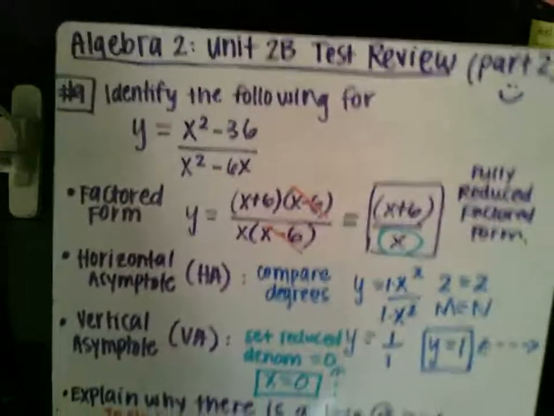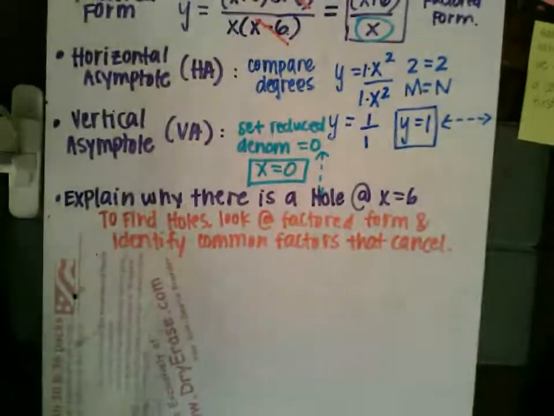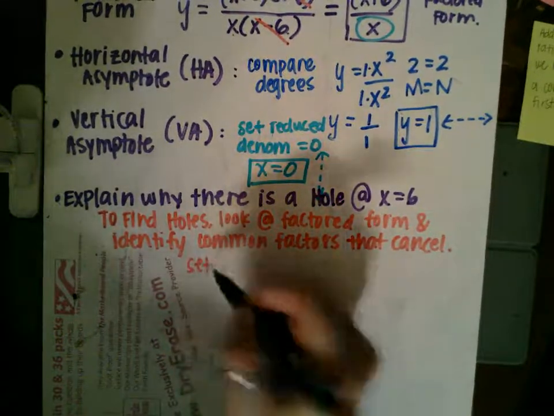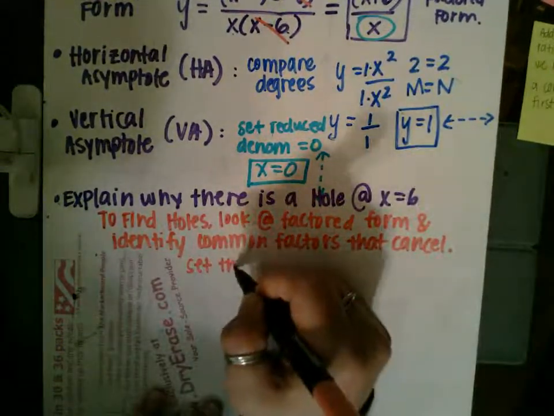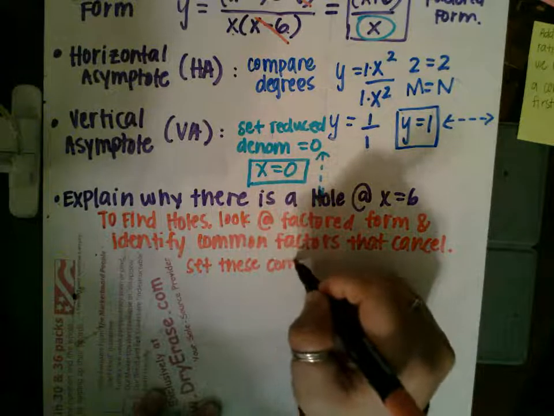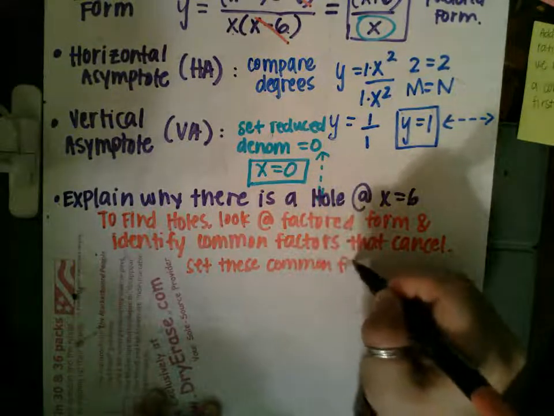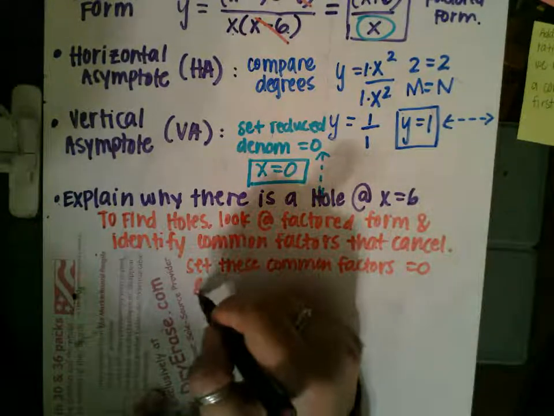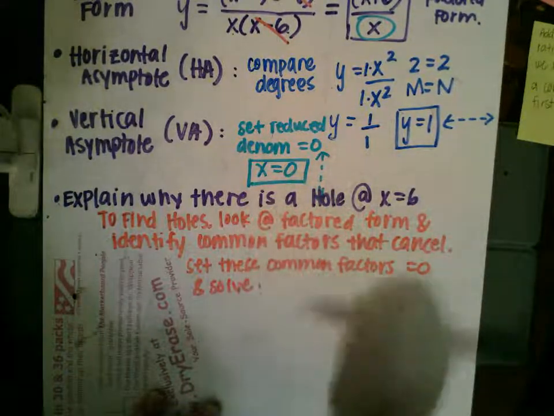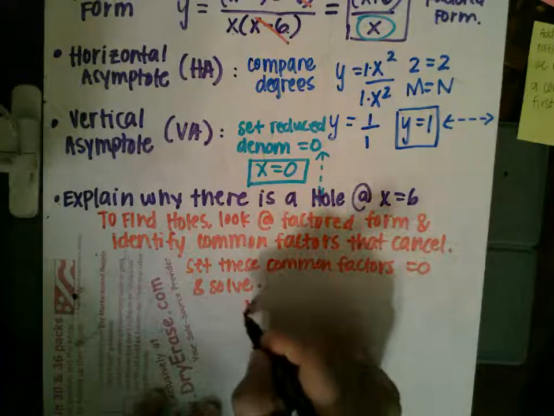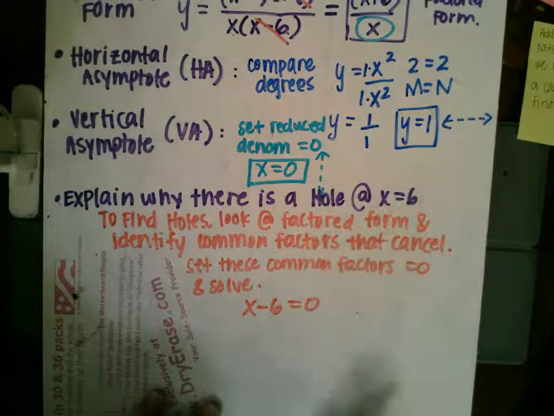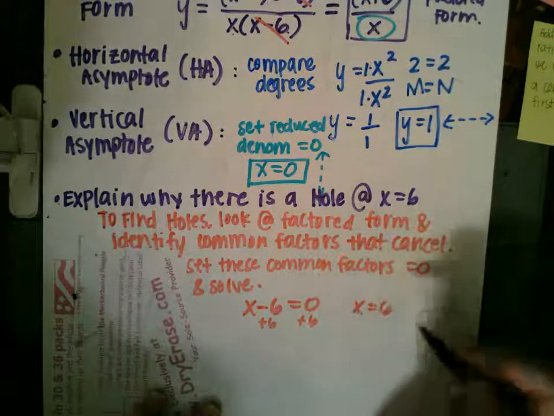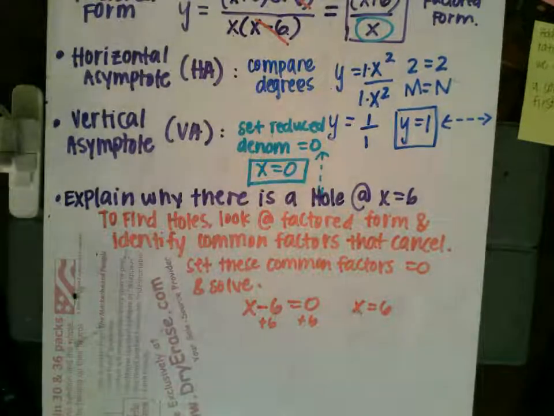So if I were going to explain why there's a hole there, then we set these common factors equal to 0 and solve, right? So I'm going to set x minus 6 equal to 0. I would add 6 to both sides, and I get x equals 6 is part of my hole.